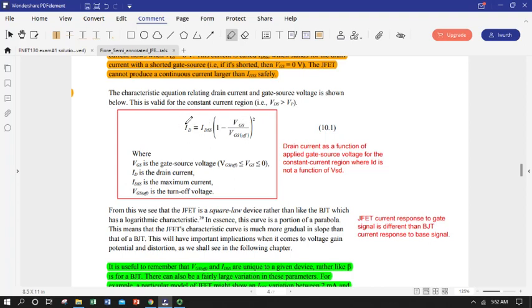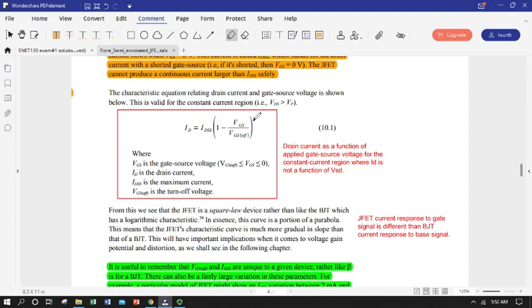So this is the relationship between any gate to source applied voltage, that's our signal, remember, the gate to source voltage necessary to completely cut off drain current, basically shut the device down, the complete pinch off of current, and the max current that I can get if I have no gate to source, if I'm not throttling at all.